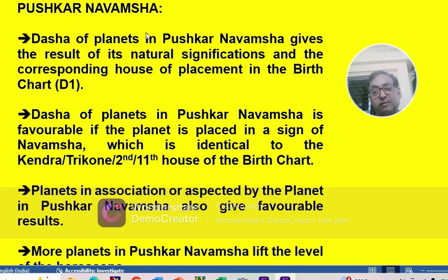I have already told you that if your Venus is in Leo in the birth chart and is in Pushkar Navamsha, and in the Navamsha chart your Venus is in Libra and your ascendant is also Libra in the birth chart, then Venus will try to boost your personality, give you eminence, and give you good health, etc.